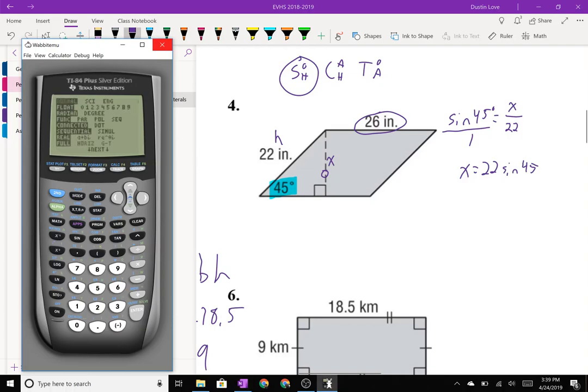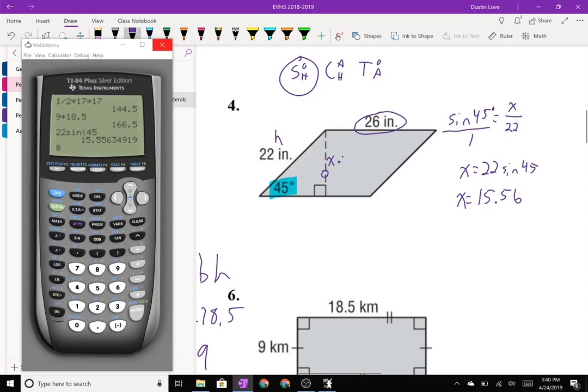Run the calculator, I'm going to check my mode first. I'm glad I did, because it needs to be in degree mode. So 22 sine 45 gives me x equals 15.56.